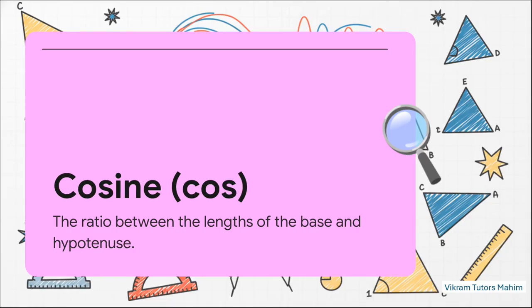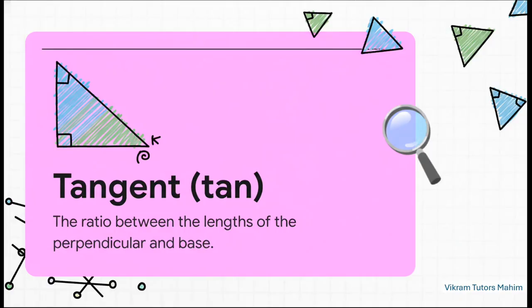Next, we've got cosine, or cos. This ratio connects the side next to our angle, the base, to the hypotenuse. So cosine is just the length of the base divided by the length of the hypotenuse. See? It's simple, it's elegant, and it's incredibly powerful. And our third key player is tangent, or tan. Tangent is the ratio of the perpendicular side to the base side. You'll notice it's the only one that doesn't even involve the hypotenuse.